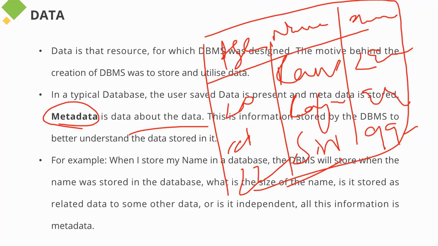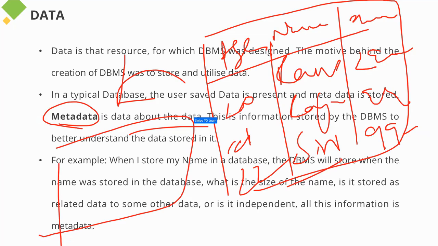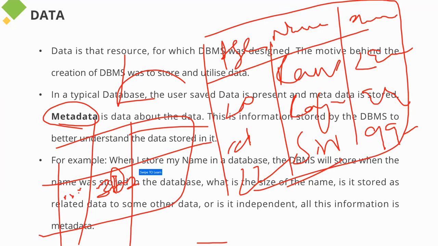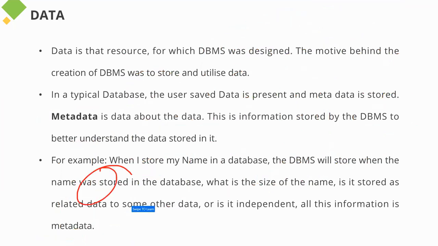Whenever it comes to the computer, the data is stored in such a way that the metadata holds addresses, like Raju at 0x12 something, or the name at 3F, some other format. This is called metadata. It just links the address to the data.